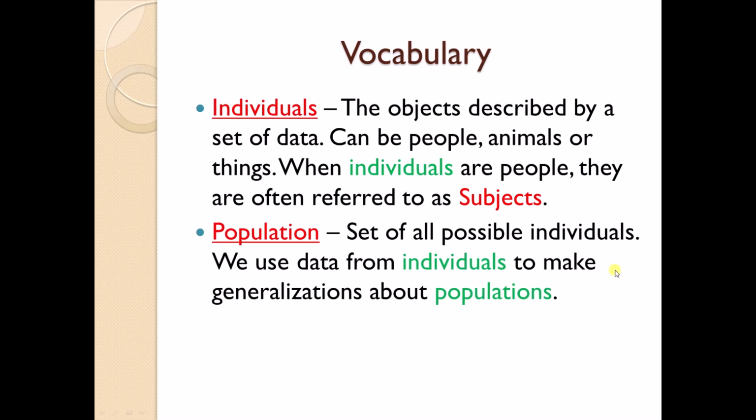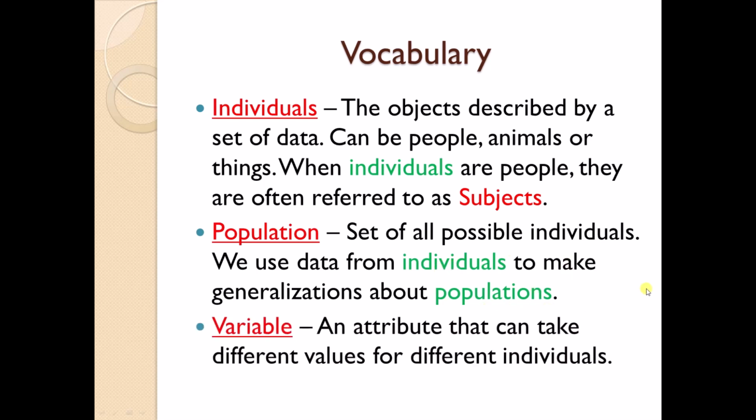Typically populations are big. Sometimes they're not, but they're usually so big that we have to use statistical methods to draw conclusions about it. So we'll use data from individuals to make generalizations about populations. And then the idea of a variable will be an attribute that can take different values for different individuals.